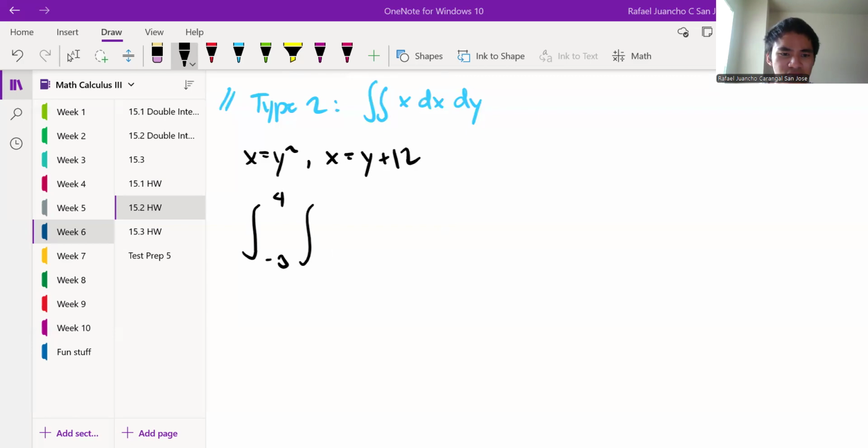The y values should range from here, so I'll put negative 3 here. I get 9. At 4, I get the same thing, 16. But how do I know which one's bigger? I plug in something in the middle, 0. This one's bigger, right? I can't put 100, obviously, because it's not within the range.